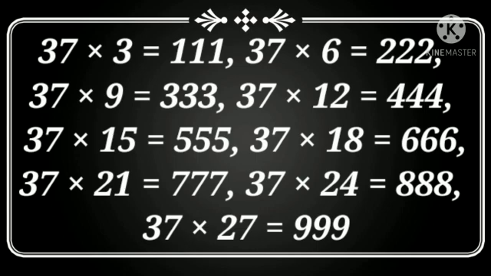37 multiplied by 21, the answer is 777. 37 multiplied by 24, the answer is 888. 37 multiplied by 27 is 999. So students, what you have learnt from this table?